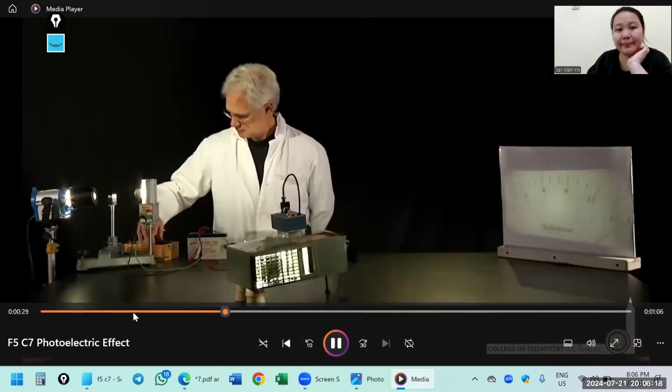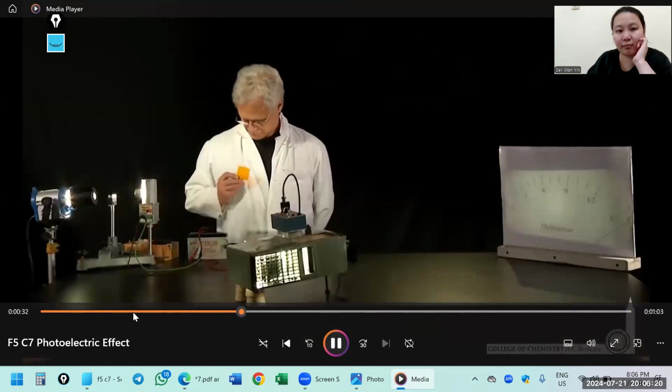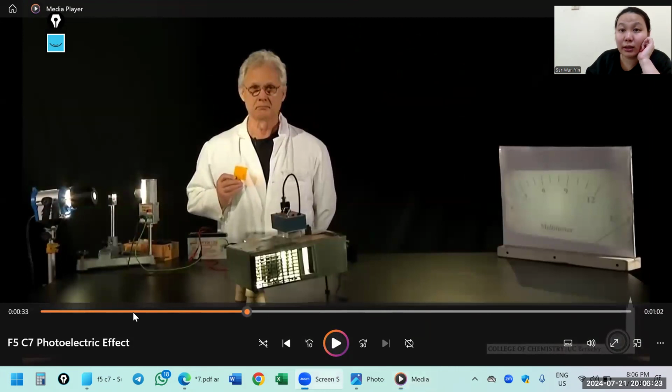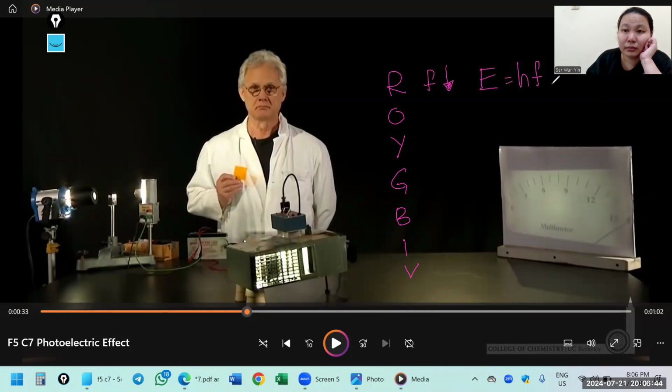If we go to higher energy photons, say go to yellow light, okay, let's recall. Roy G. Biv, red orange yellow green blue indigo violet. Okay, so red has the lowest frequency, lowest photon energy according to visible light only.